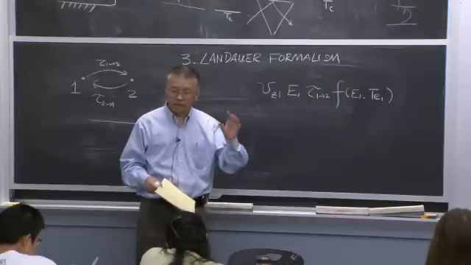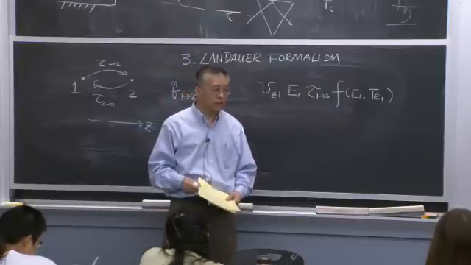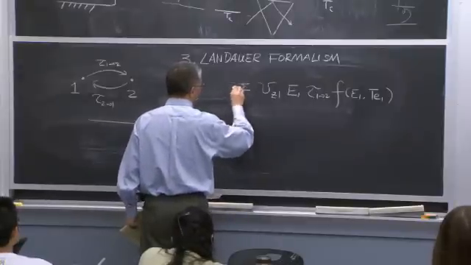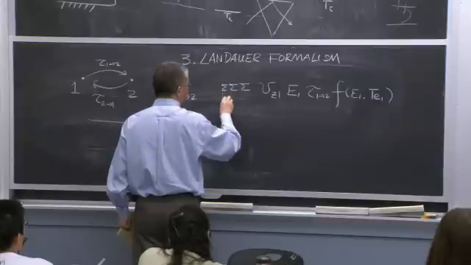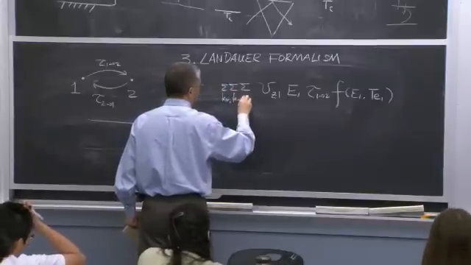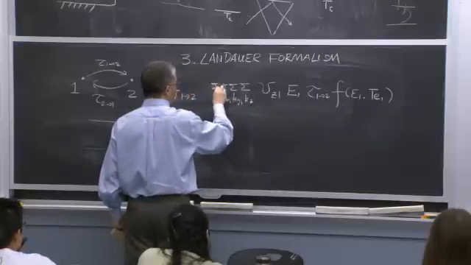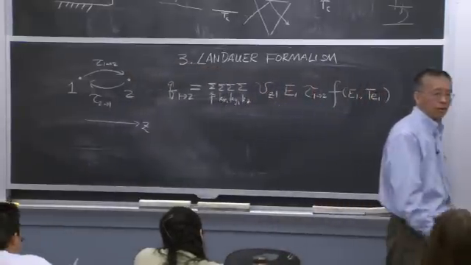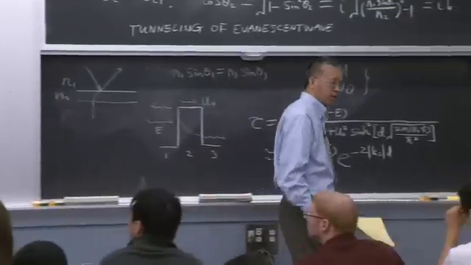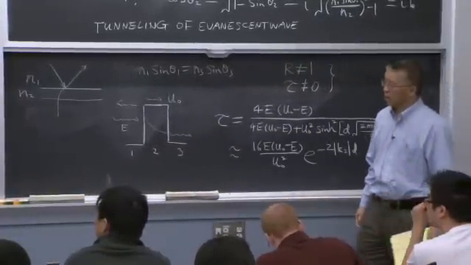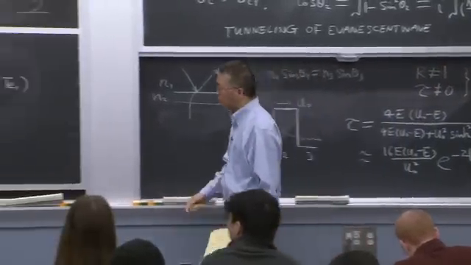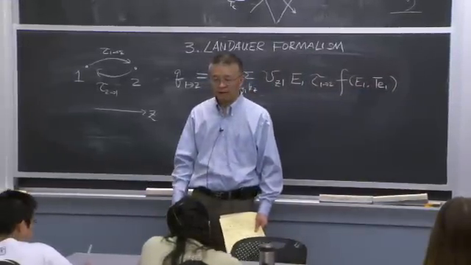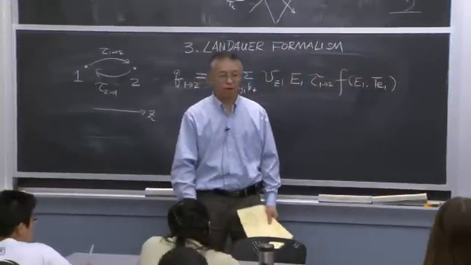Now I just need to count how many total quantum states I have. That's what you had before. I sum up all the kx1, ky1, kz1, and the polarization, and that's where you start. If you can do this for energy, of course, you can do it for momentum, for charge, for entropy. You can do all transport problems.